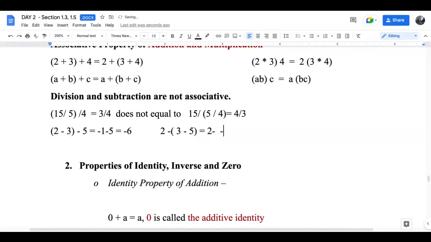That becomes 2 minus -2, which becomes 4. Of course, -6 does not equal 4. So in general, division and subtraction are not associative.